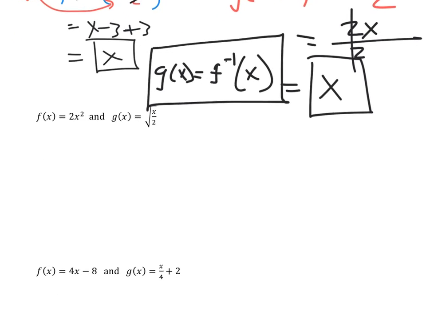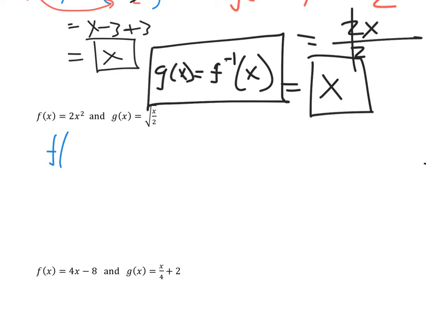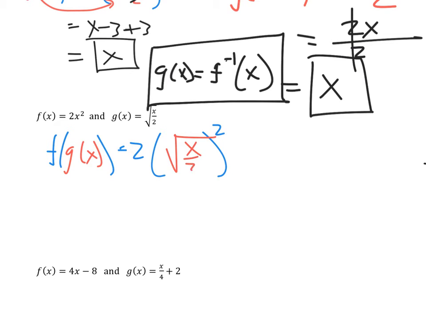So what if we have 2x squared and the square root of x over 2? Let's compute that. So we got f of g of x. We want to put g into f, and it looks something like this. F is 2 times blank squared. That's what this function means. And what goes inside? Well, g does. So we're going to put g into there, and g is the square root of x over 2.